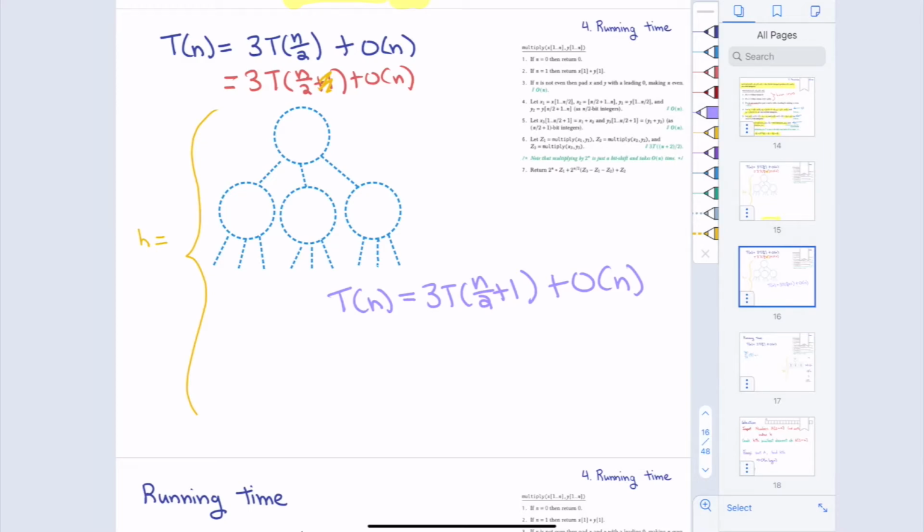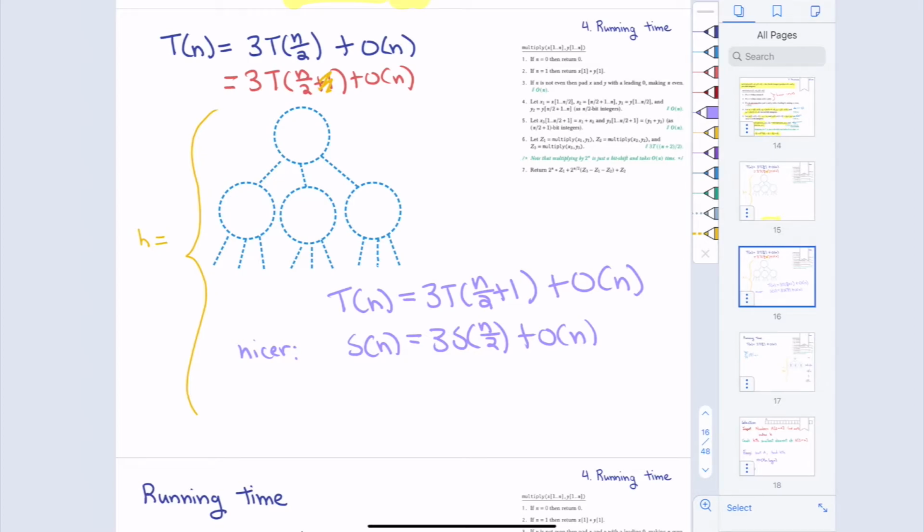Now, I would prefer a nicer version, which we'll analyze in a moment, 3n/2 plus big O of n. Right? Because in my recurrence tree, I'm just going down by half every time, and that's much easier to think about.